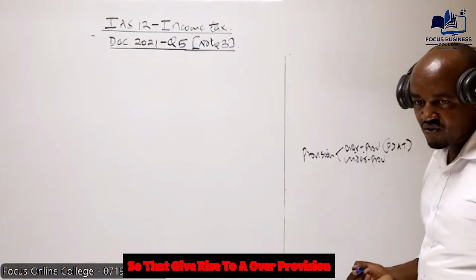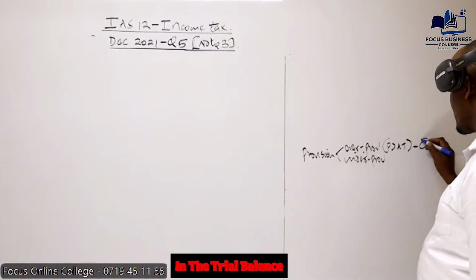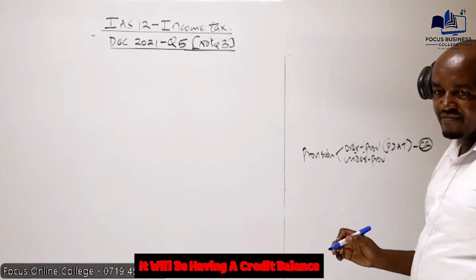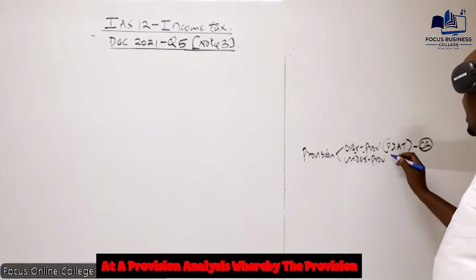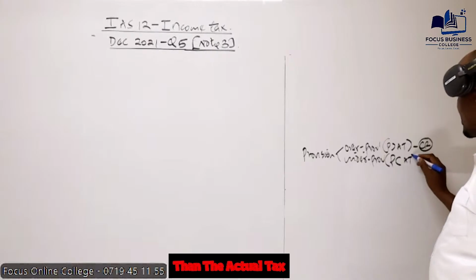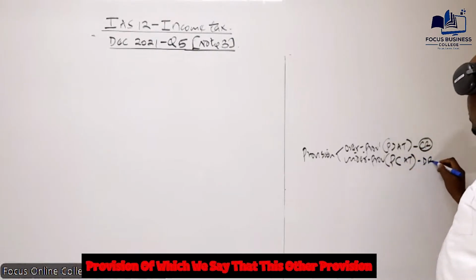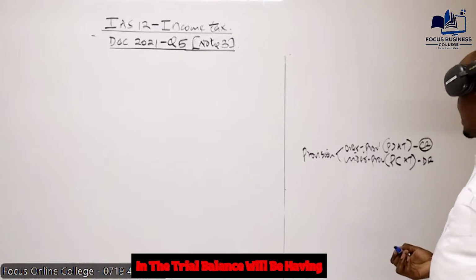So that gives rise to over provision, which in the trial balance will have a credit balance. On the other hand, under provision is whereby the provision which you created as an accountant is less than the actual tax. So this gives rise to under provision, which in the trial balance will have a debit balance.